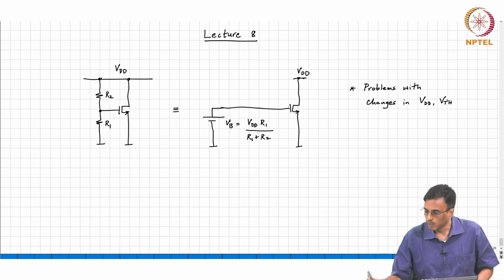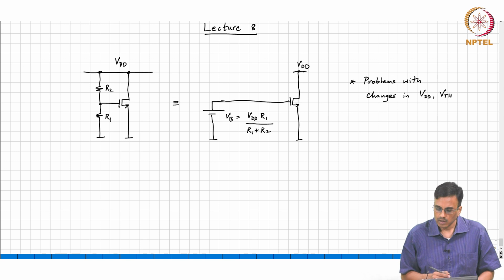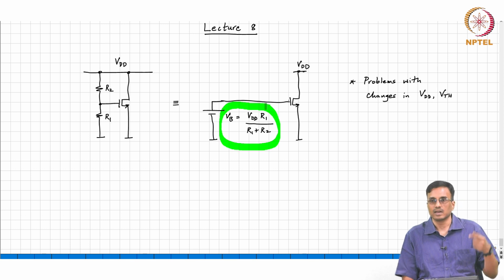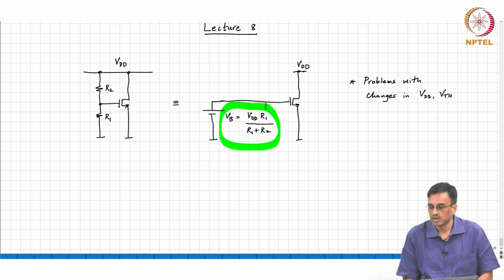So, the problem therefore is to figure out the root cause, which we already discussed at the end of the last class, and that was that the gate bias voltage Vb, you can think of it as some kind of a dumb battery.